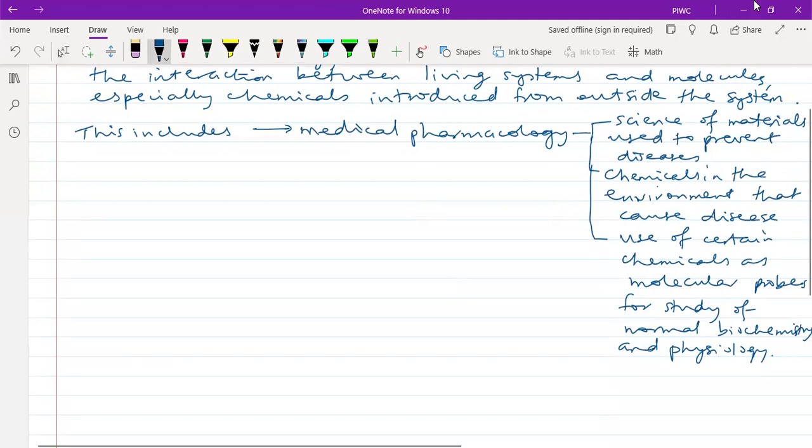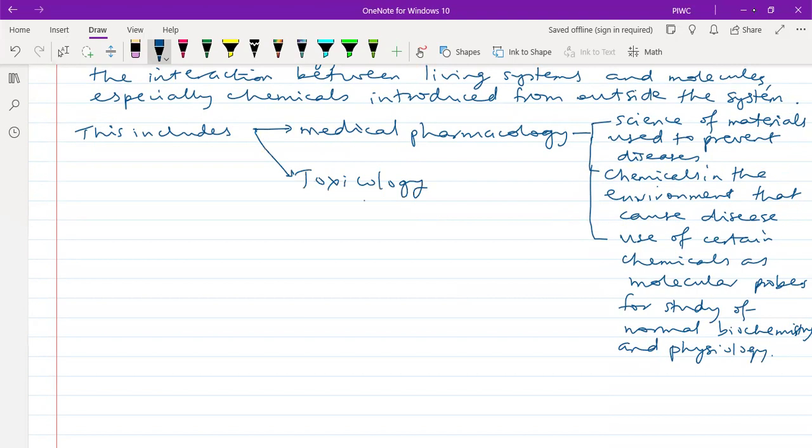Okay, now the other branch of pharmacology is what we call toxicology. Okay, so toxicology deals with the undesirable effect of chemicals in biologic systems.